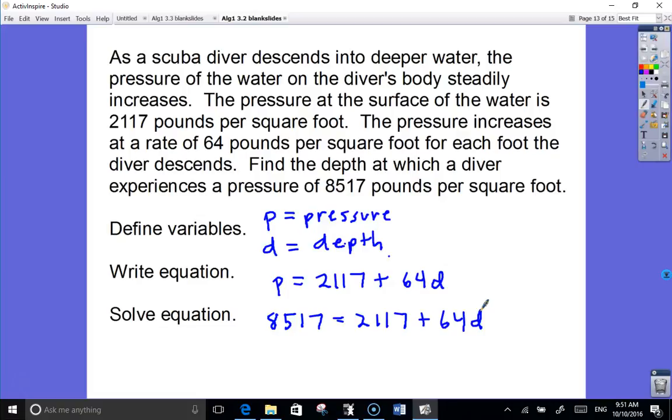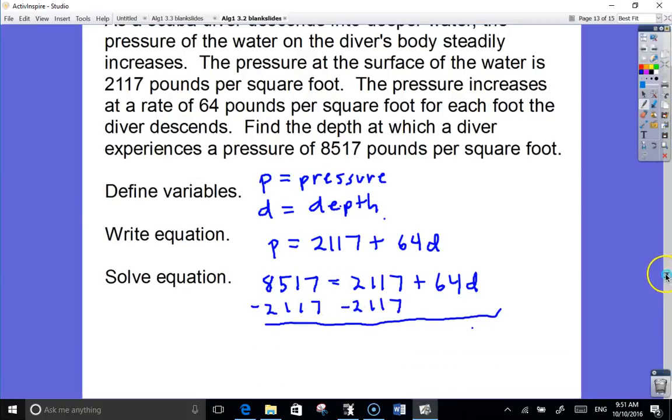So subtract 2,117 from both sides. Okay, what did you get when you subtracted 8,517 minus 2,117? I think it's 6,400, equals 64D.